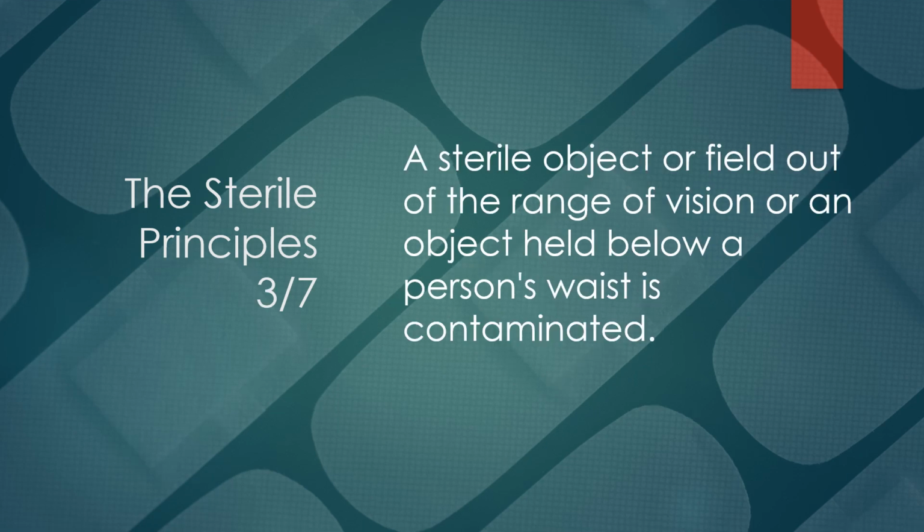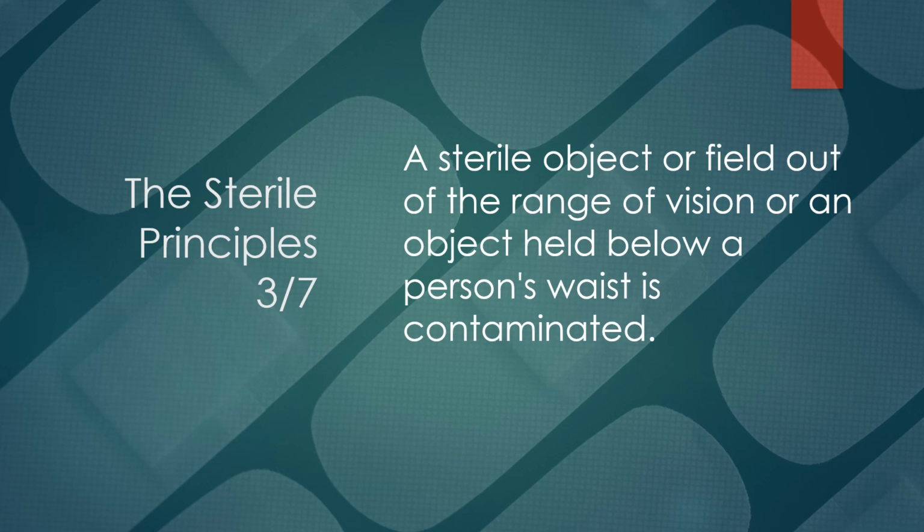Sterile principle 3 of 7. A sterile object or field out of the range of vision, or an object held below a person's waist, is contaminated. So this means if any object goes below your waist or below your working height, it is then considered contaminated.